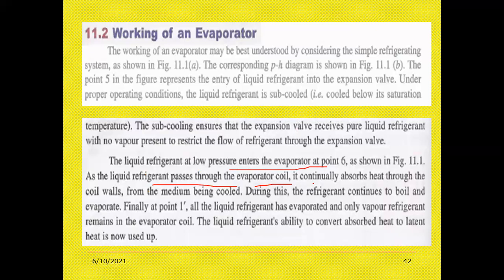During this process, the refrigerant continues to boil and evaporate. Finally, at the point 1 dash, all the liquid refrigerant has evaporated and only vapor refrigerant remains in the evaporator coil.